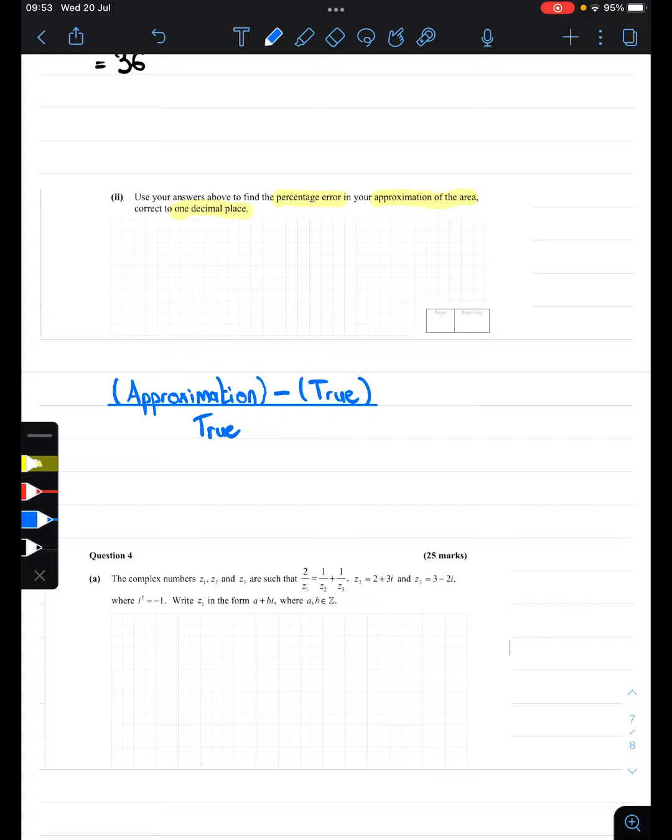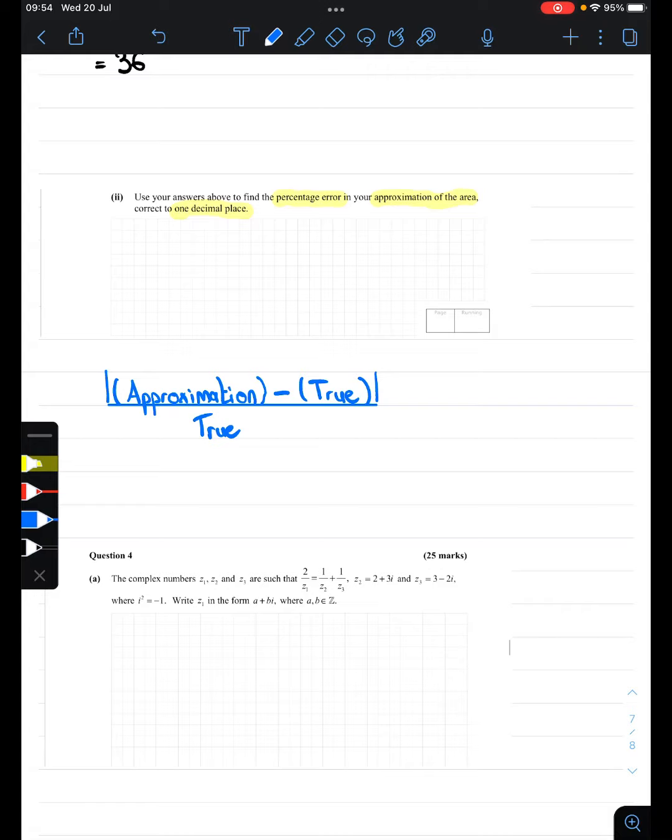It might be hard to remember, is it approximation minus true over true, or approximation minus true over approximation? If it was over approximation, that wouldn't really make sense, because we'd be comparing the difference to something that's wrong. So it doesn't make sense for the denominator to be the approximation. And importantly, it's always the magnitude of this. It doesn't really make sense to have a minus percentage error.